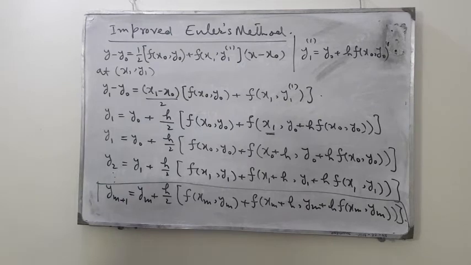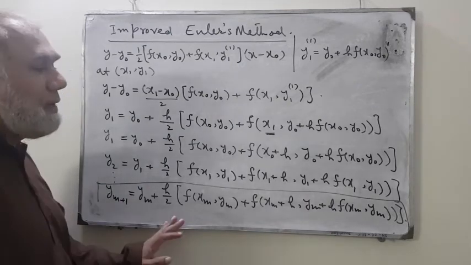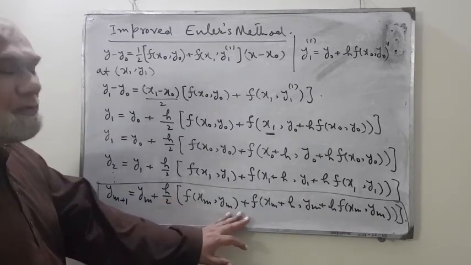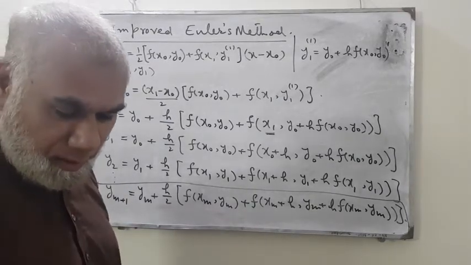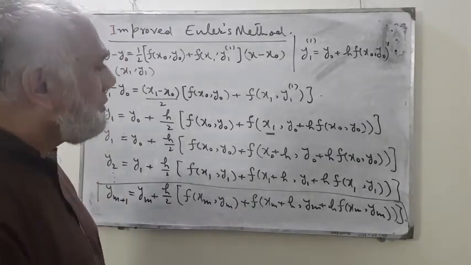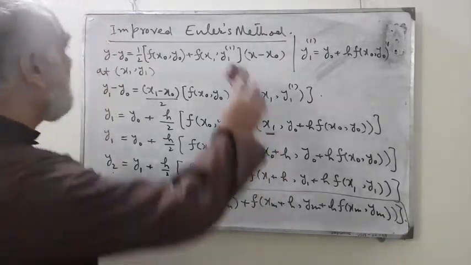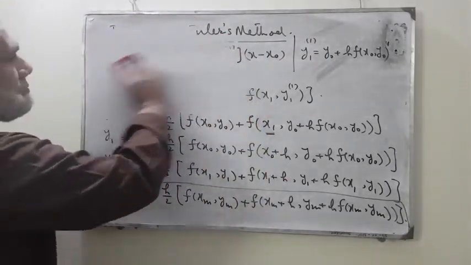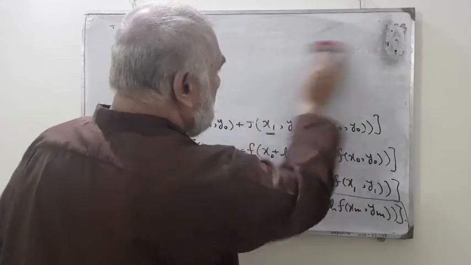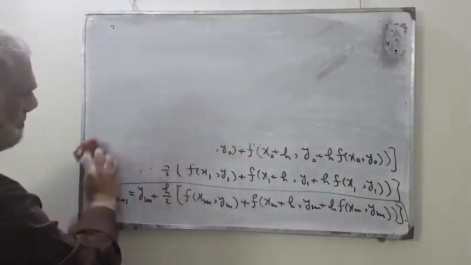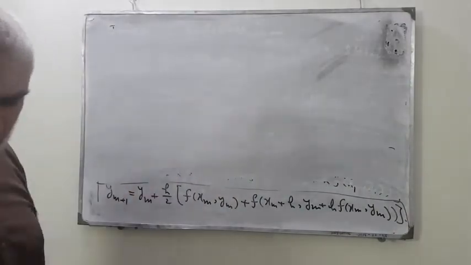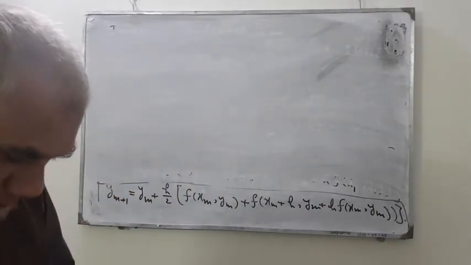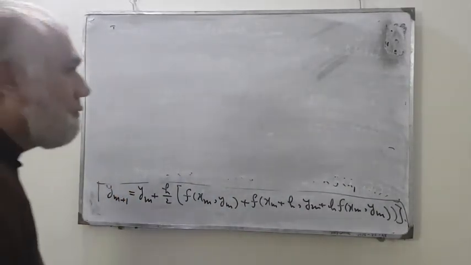Okay, so after deriving these two formulas, we have to use them in order to solve the problem. So let's start solving the problems. Here we first summarize the two formulas.